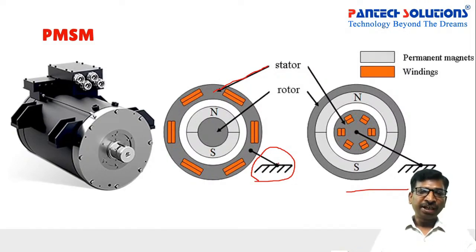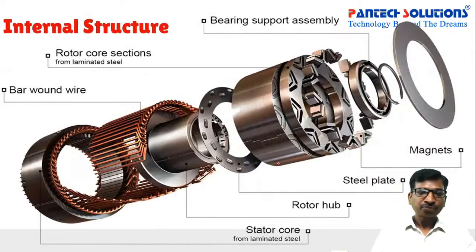And again, if we talk about the classifications, before that we will check what is inside the machine. See, if you take the entire motor, this is the stator core. Inside the stator core, the stator coil is spread over the entire region.